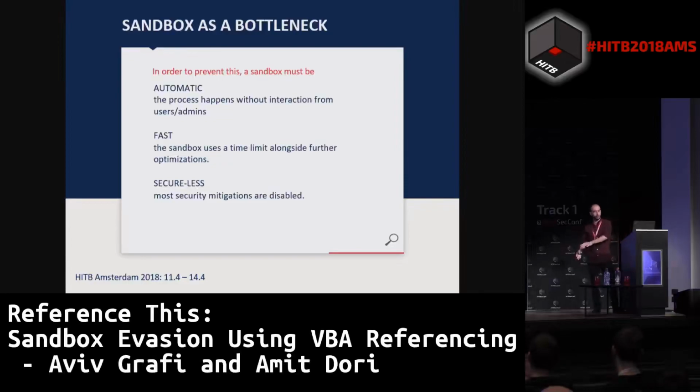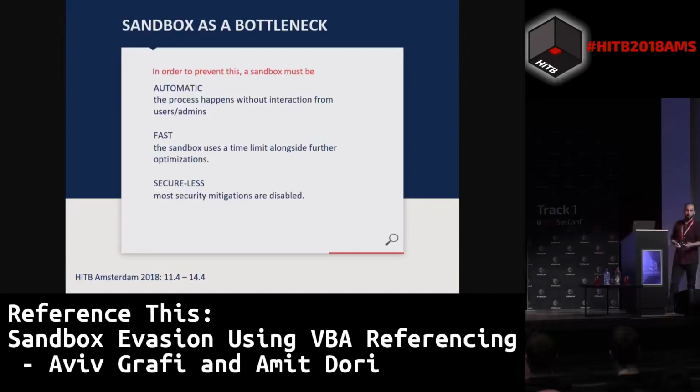If the user got the file at the end of the day, then that file has passed the sandbox and it's safe and you can open it, no problem. And second of all, it has to be fast. I mean, if you have thousands of files each day entering your organization, and each file takes 5 or 10 minutes to execute, you're going to clog your network.